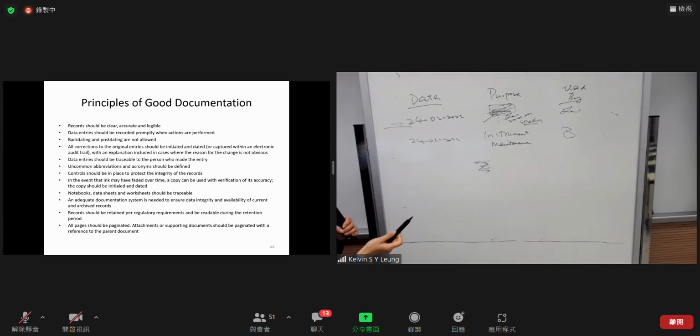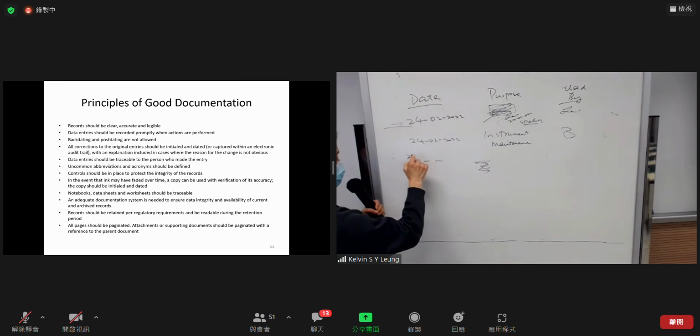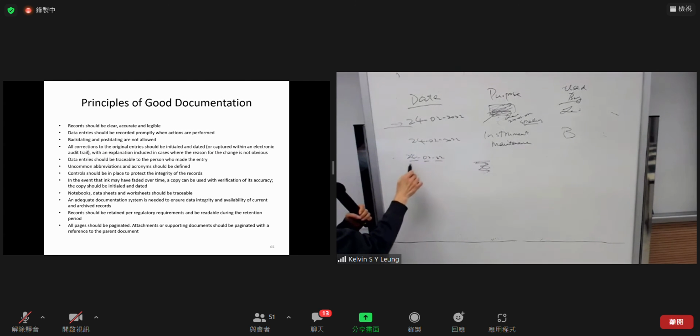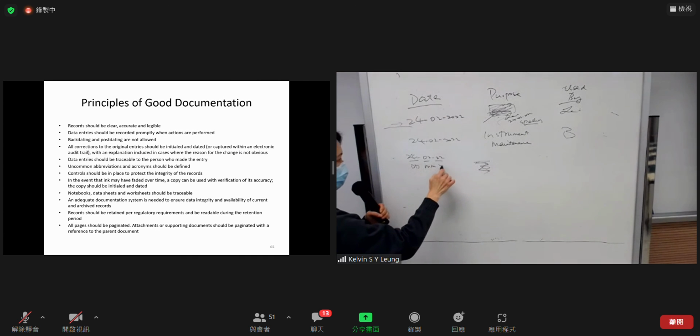Another thing that I would like to remind you about is the date. In the QA, your quality system, you have to well define how to write the date. Because if you use double digit, like 24, you don't know whether it is date, month, year, or year, month, date.